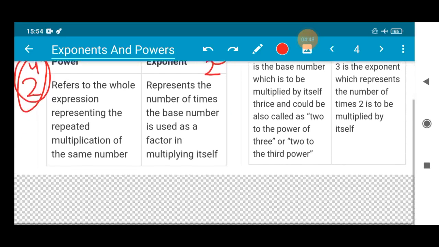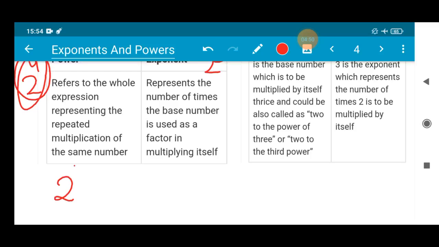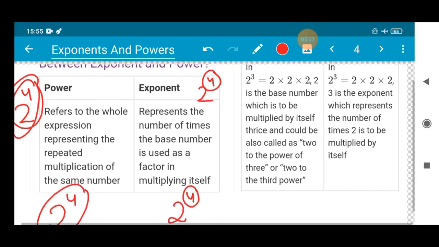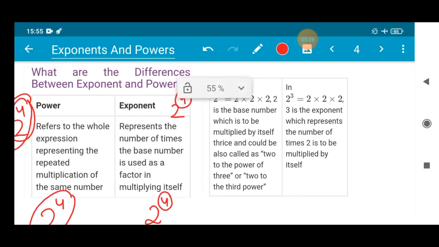Okay, so power is the whole expression, and the exponent is the number which represents how many times the base has to be used as a factor in multiplying itself. Okay, so here I can show you an example. This is showing the power and this is showing the exponent, number 2 point.